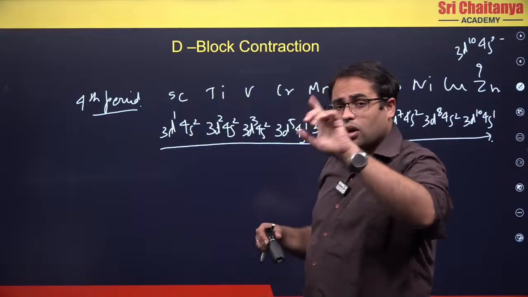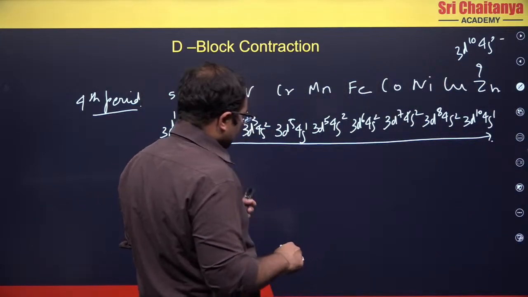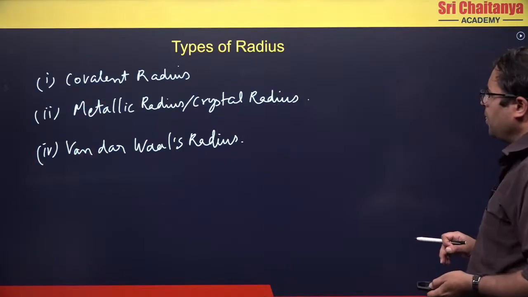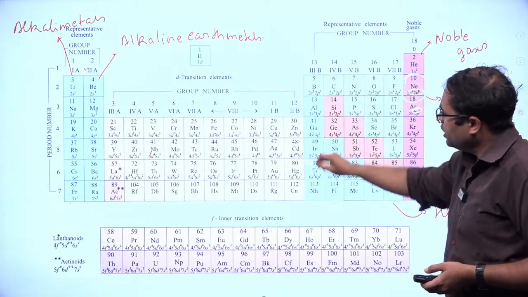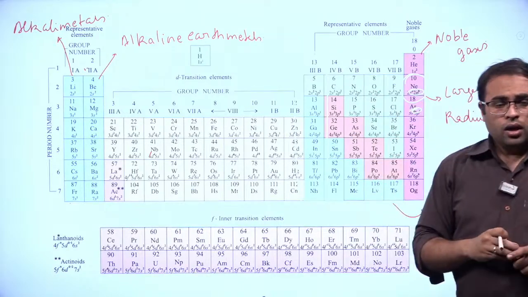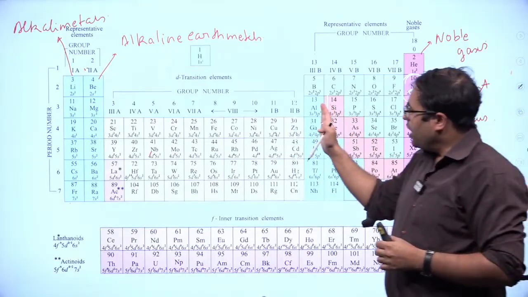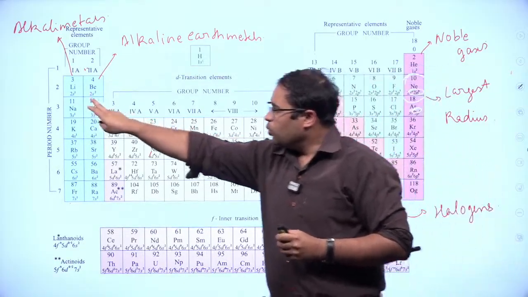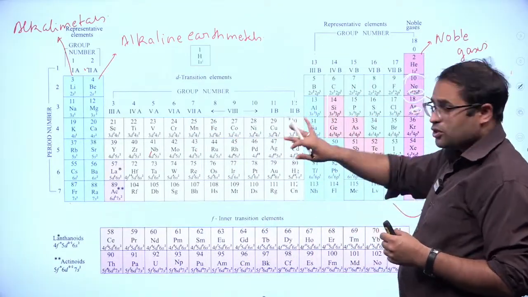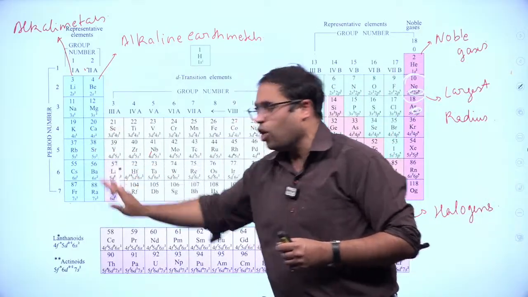Now, understand that after this, what is coming? After zinc, if you see the periodic table, let me go to the periodic table. You're getting the 13th group, right? Now what happens is, as you move from aluminium to gallium, aluminium has internally 1s and 2s orbitals protecting it, but gallium has this complete d orbital protecting it.